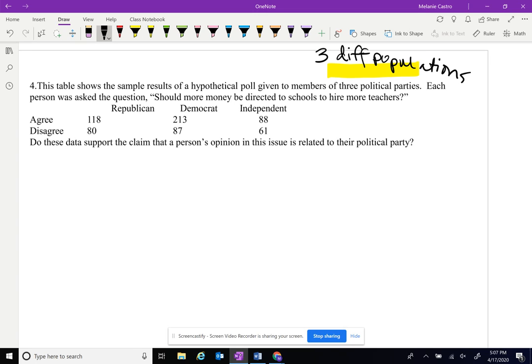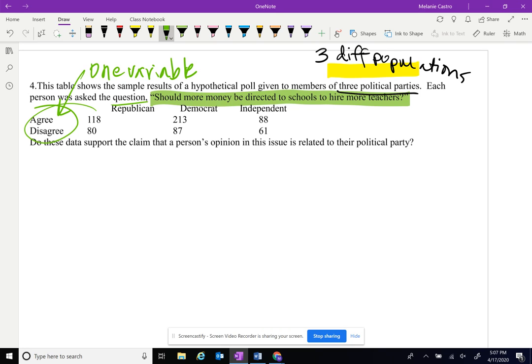All right, 3 different political parties or 3 different populations, and they were all asked one question. The same question was asked of all of them. So they really only collected this one variable. So if you have multiple populations, but you're only collecting one variable from them, what type of test is that?